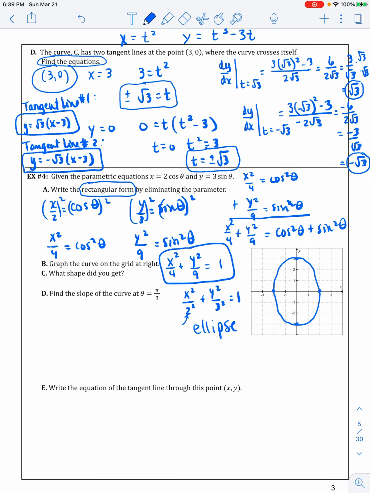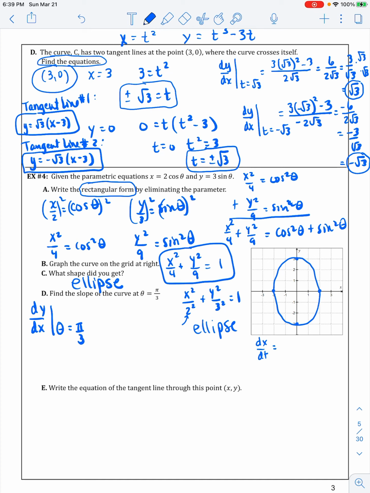Didn't draw it very well, but then they say, find the slope of the curve at theta equals pi over 3. So we would want our dy dx. And what shape did you get? You got an ellipse. You would want your dy dx at theta equals pi over 3. Well, I'm just going to go over here.